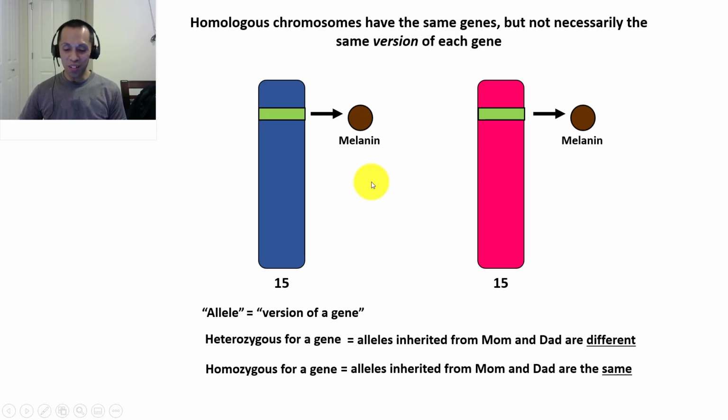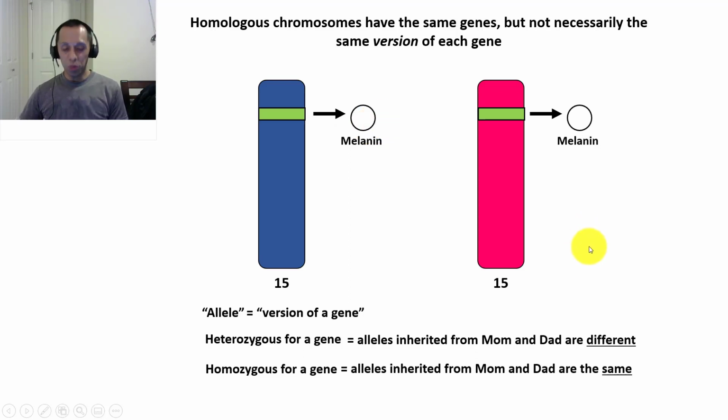If they're homozygous for this gene, that means they inherited the same version, in this case the dark melanin version, or the dark melanin allele, from both dad and mom. Another way that someone could be homozygous for this gene is if they inherited this combination here. So again, both of these versions are the same, but in this case they're the same because they are both the allele, or the version that encodes for the non-colored melanin protein.